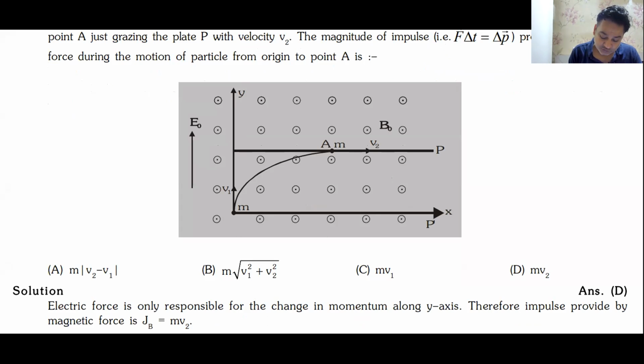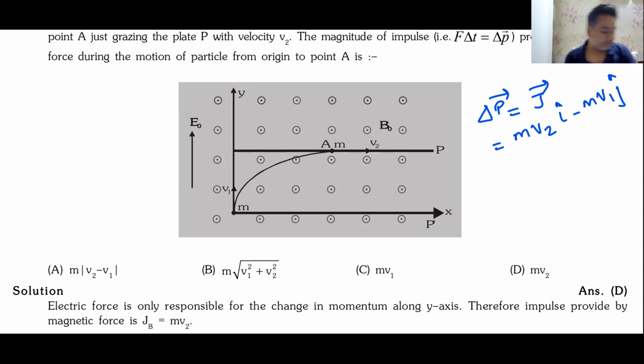So the total change in momentum, which I call impulse or J, is m v2 i minus m v1 j. Yes or no? This is the total change in momentum.